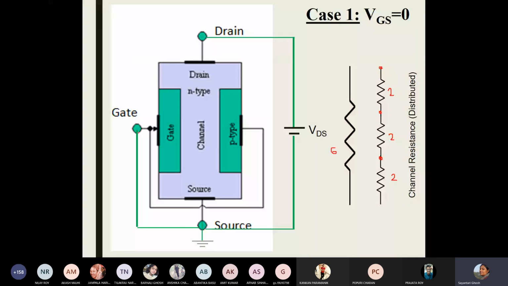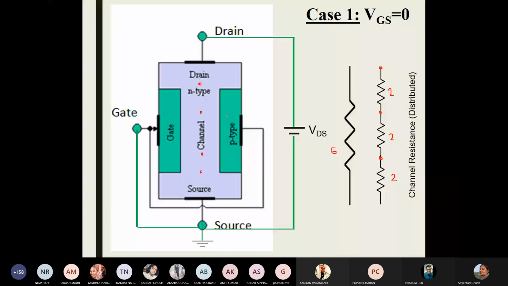So though one side is grounded, the other side is not at the same potential everywhere, because VDS consistently gets dropped at different points of the channel, keeping different points at different voltages. Is this point clear or not? I will stop here for a moment and see if you are comfortable with this thought of distributed channel resistance and voltage drop throughout the channel.